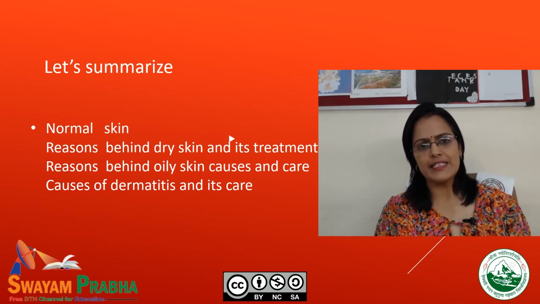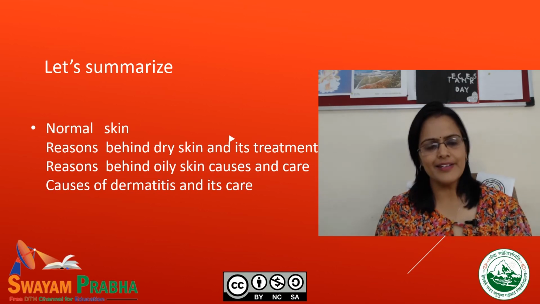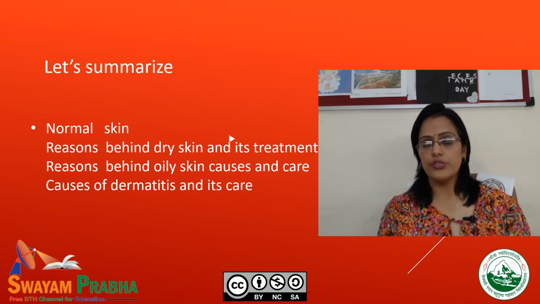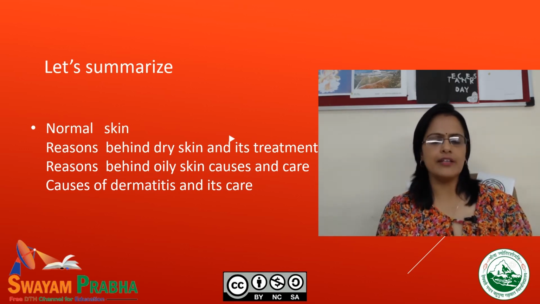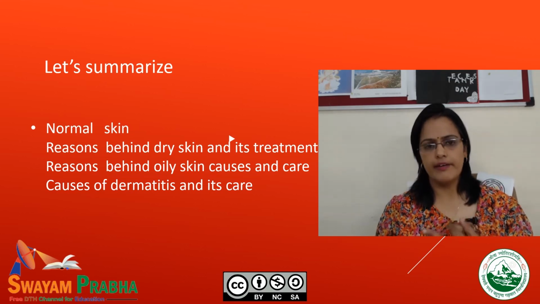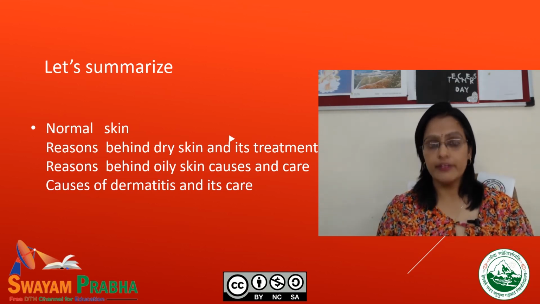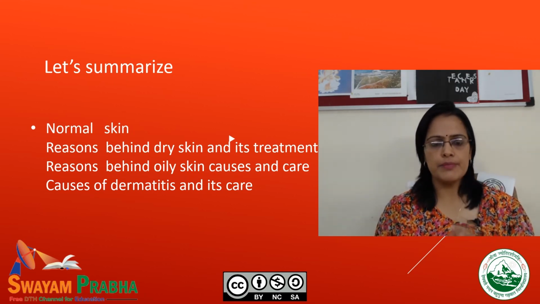So let me summarize what we studied in this module. We started studying different types of skin problems and their solution, their treatment part. Here in this module we discussed three types of skin problems: one is dry skin, second is oily skin, and third is dermatitis. Why am I mentioning three skin problems here?